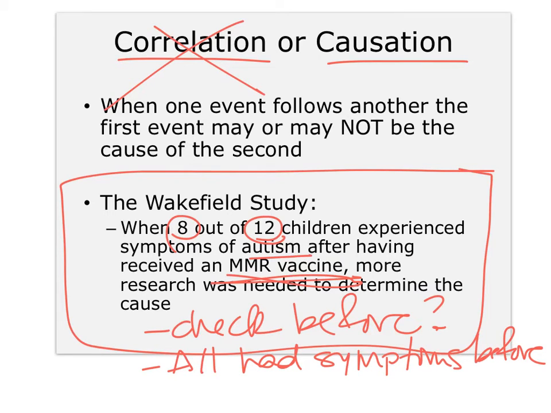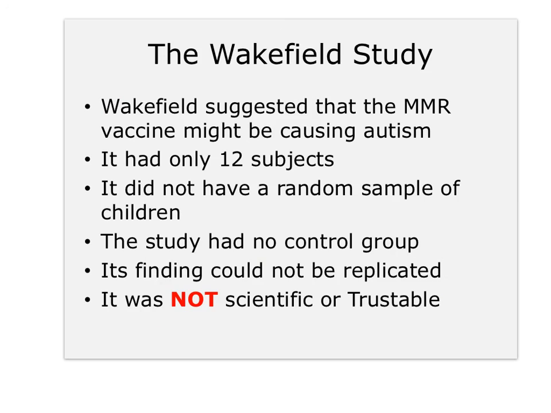So people still believe this stupid study, even though now there have been hundreds of studies of vaccines and there is no correlation to autism. Vaccinate your children. Don't let them die of some ridiculous infectious disease that's totally preventable.